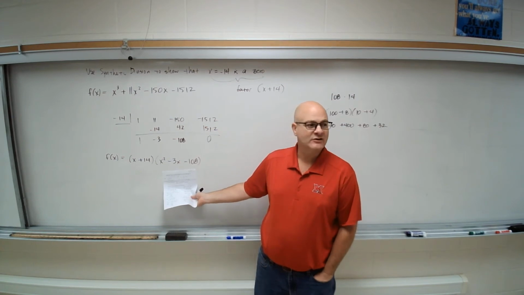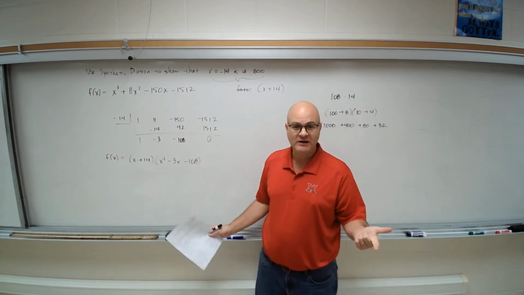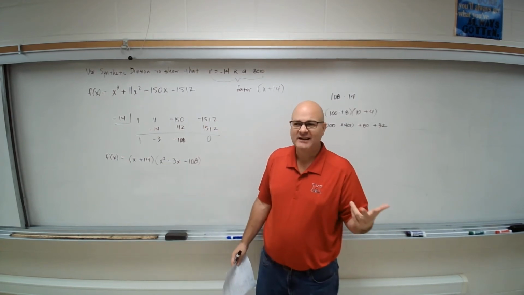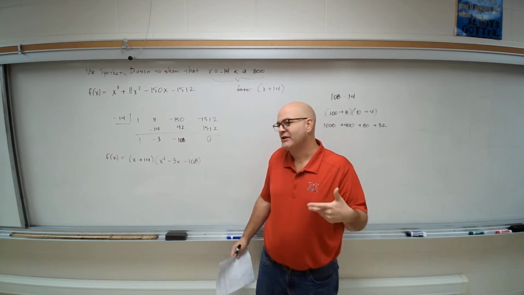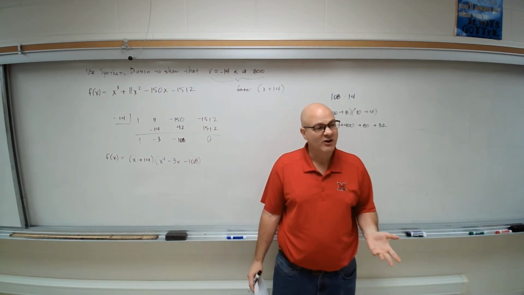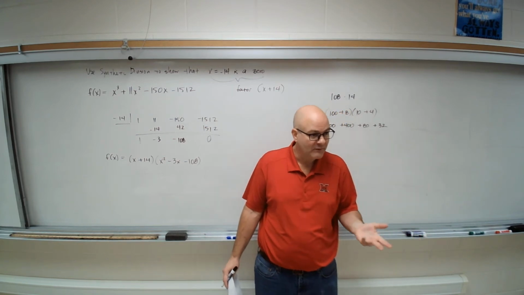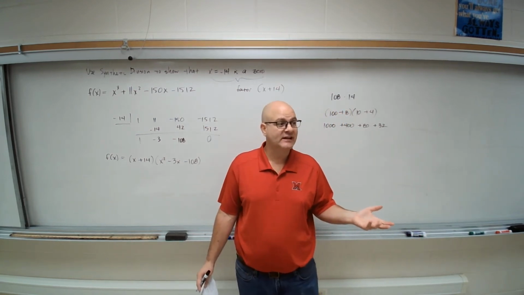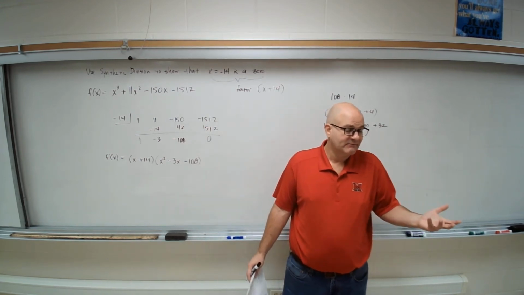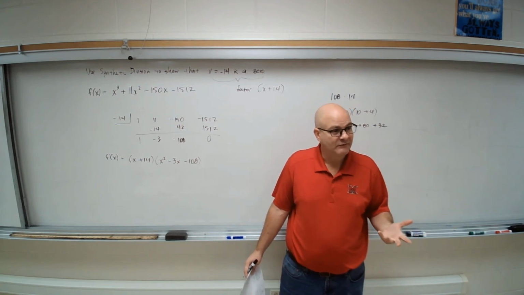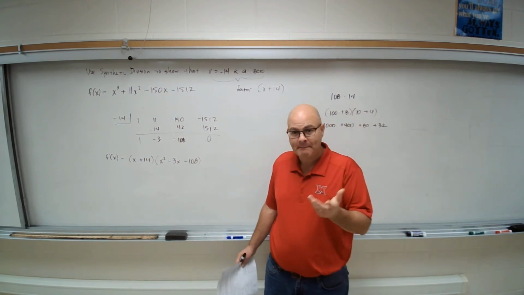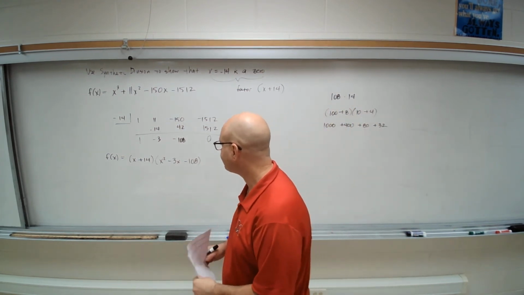Once we get to a quadratic, you're either going to factor it or use the quadratic formula, or if it only has an x squared, you could use square roots. But we should be able to solve a quadratic every time, right? Whether it's nice and it factors like this one, or whether it's kind of a pain and you have to use the quadratic formula and you even get some weird radicals in there.